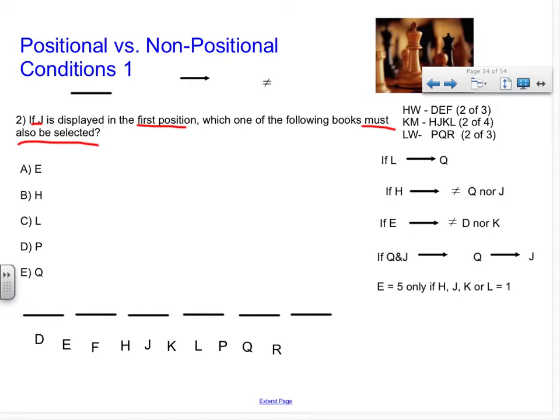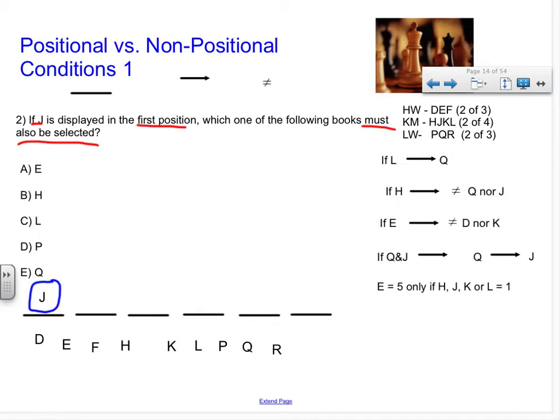So firstly, I'm going to put J in the first position, and I'm going to draw a box around J to constrain it, so that I know that I'm not going to be moving J. Secondly, I'm going to go to the conditions and see which letters cannot be included.